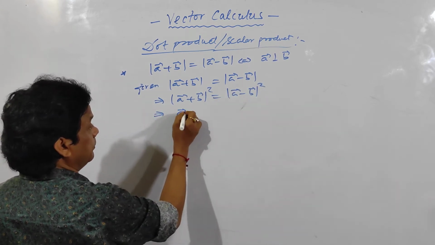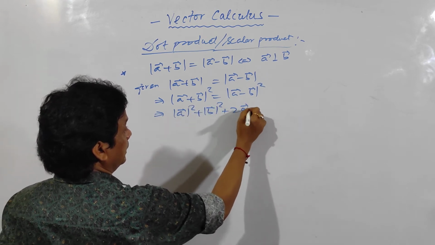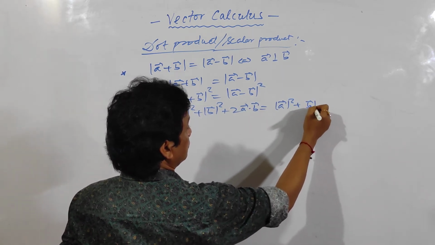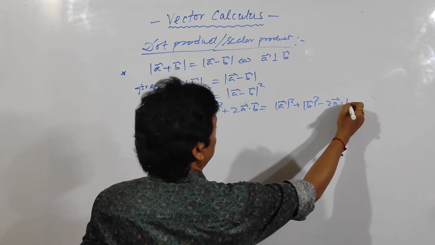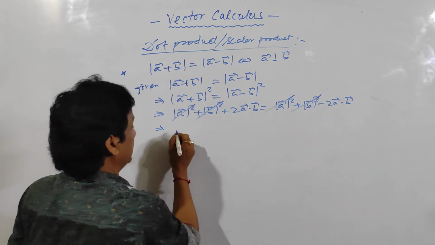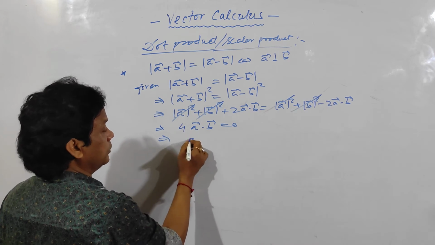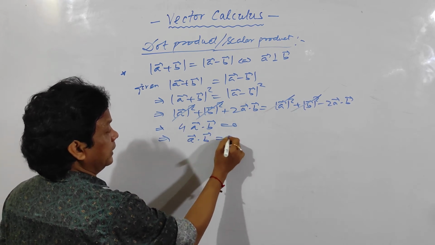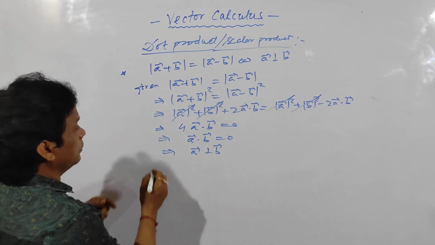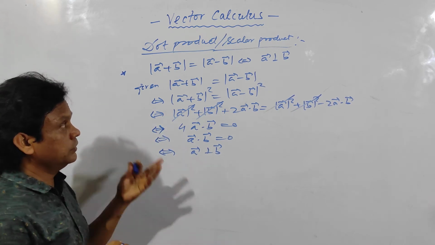So it implies |A|² + |B|² + 2 A·B is equal to |A|² + |B|² − 2 A·B. So these two cancel, and take −2 A·B to the left hand side. It is 4 A·B equal to 0. Since 4 is unequal to 0, A·B is equal to 0, and A·B equal to 0 means vector A is perpendicular to vector B. Reversely you can go also, so I am giving implied and implied by. Clear? So this is your proof.